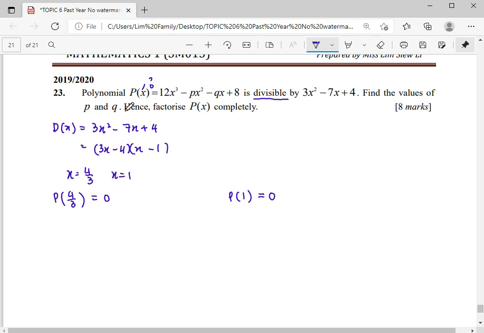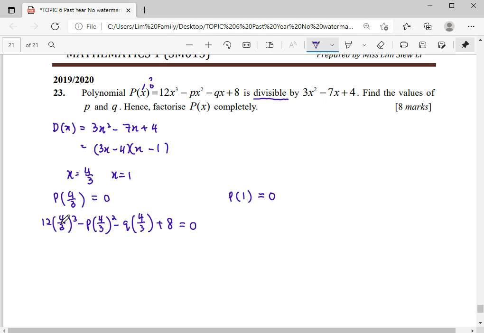So we substitute our x into our polynomial, where our first x value is 4 over 3. So this will be our first equation.